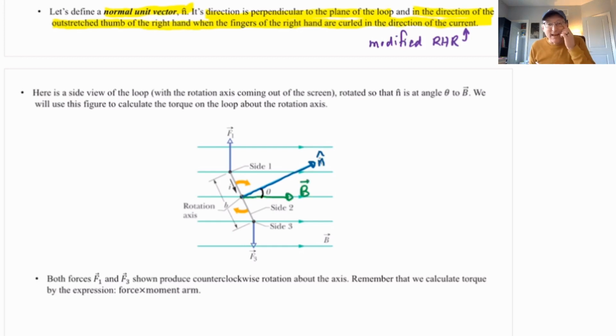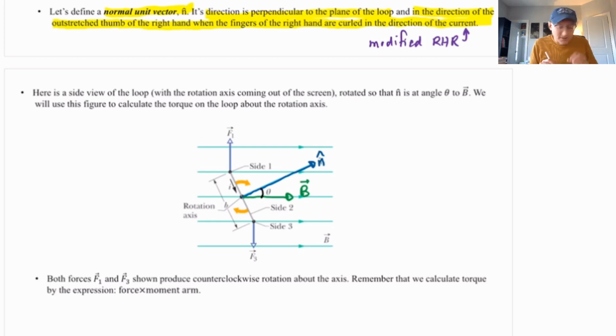That's the angle between n hat and B. And that theta, that n hat direction, comes from this modified right-hand rule. You reach with your right hand in, around to grasp hold of the loop, with your fingers curling around the loop the way the current flows. And the n hat has to be perpendicular to the plane of the loop.